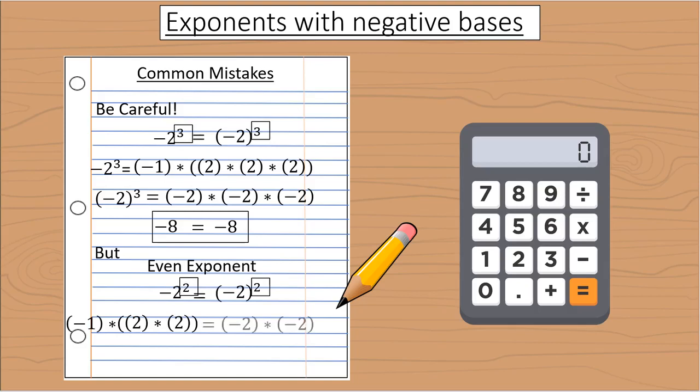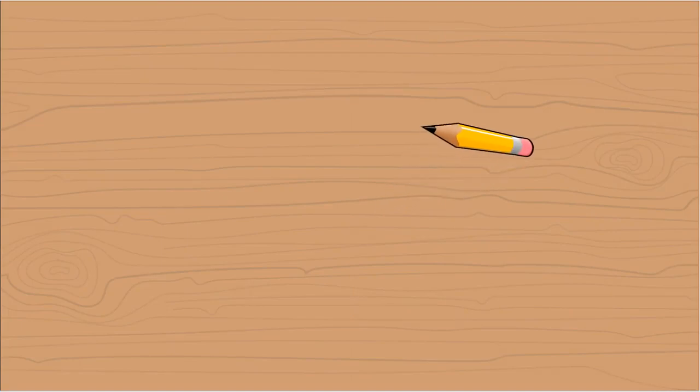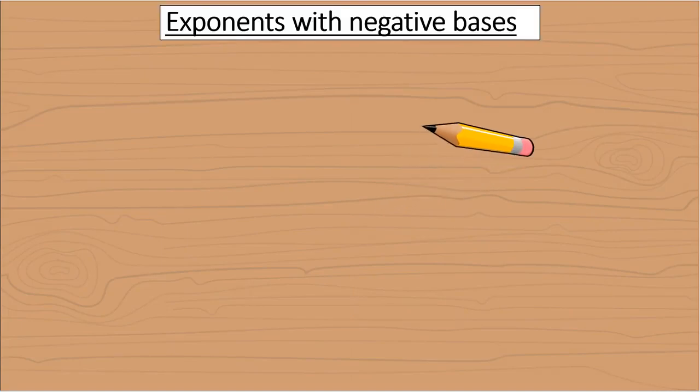And on the right side, we will have a negative 2 times a negative 2, which is a positive 4. So on the left side we have a negative 4, and on the right side we have a positive 4. Therefore, this will not be equal. That's where you have to be careful with even exponents. The only difference is the negatives. It's important to understand your order of operations properly so you can avoid these types of mistakes.